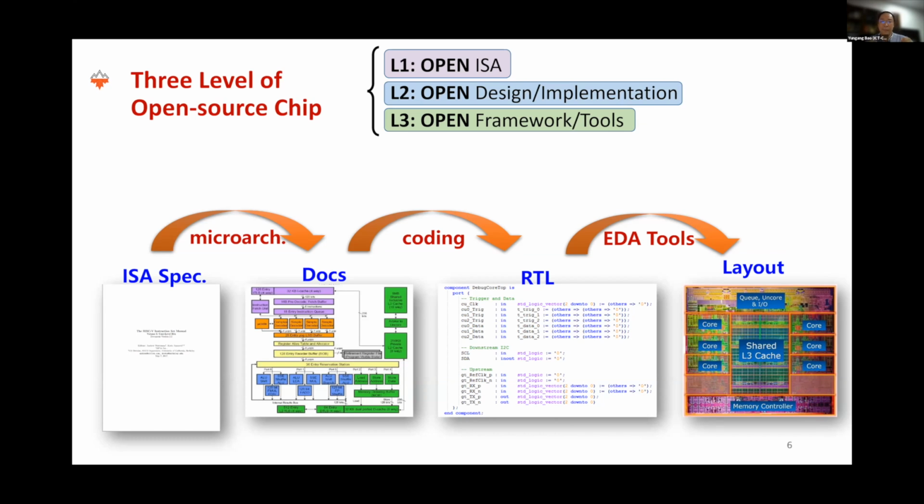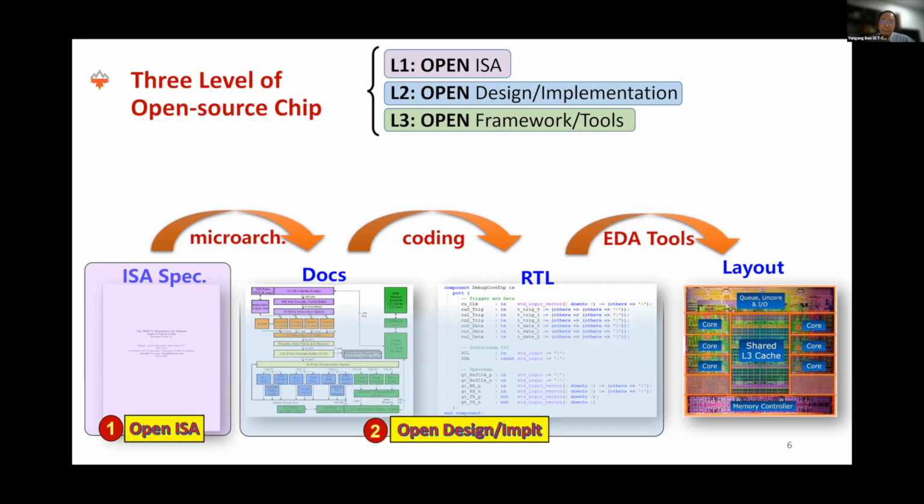If we look at this design flow from the open source perspective, we can divide it into 3 levels. First is whether the instruction set is open or not. We call this level 1. For level 2, whether the design or implementation is free or closed. If free, we can freely access the documents and RTL code.